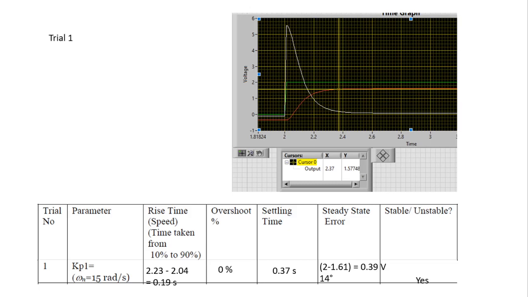And the settling time, it was a 2% settling time. So you look for the time when it becomes within plus minus 2%. Here I can see that it's an underdamped system, so it never went over the steady state position. Your steady state position is 1.61 volt.